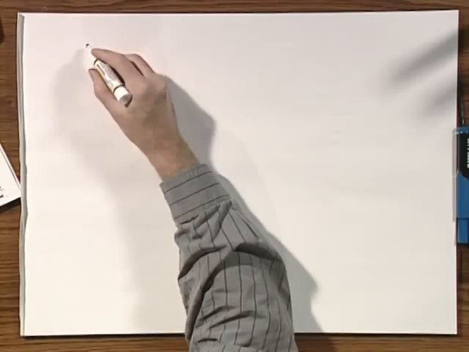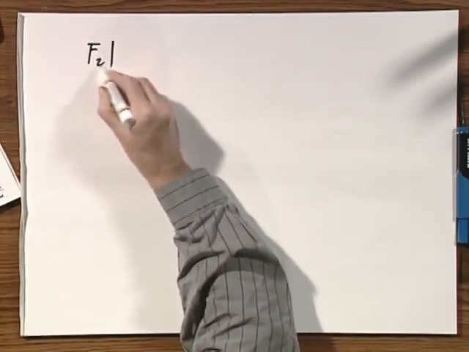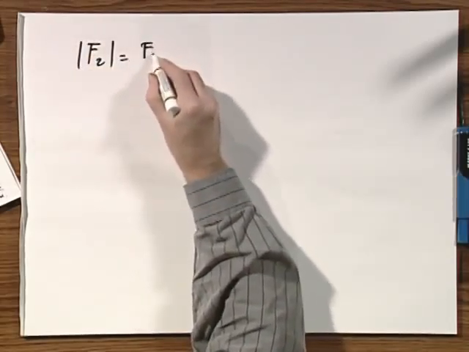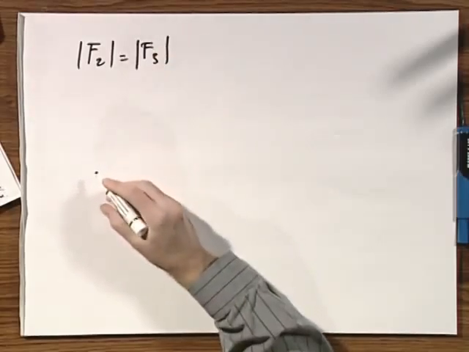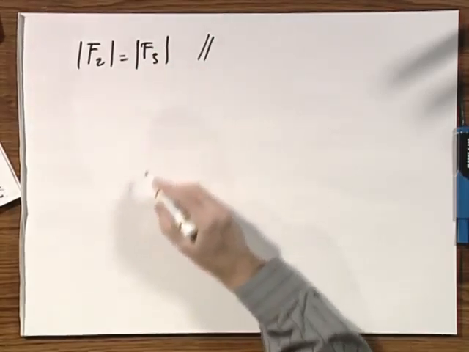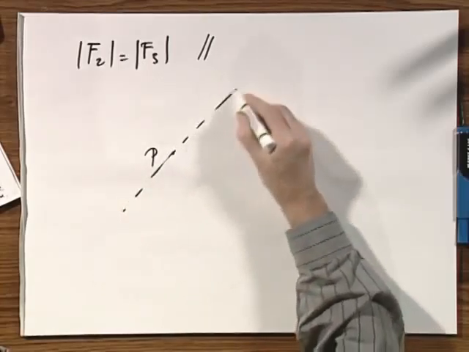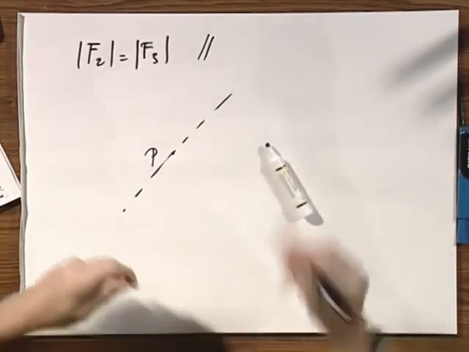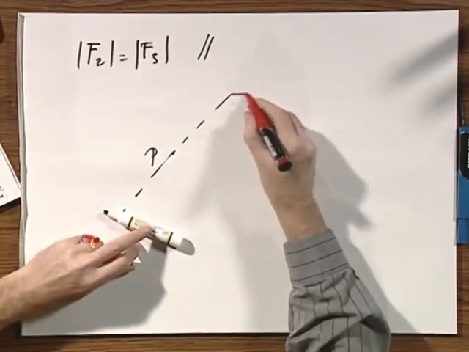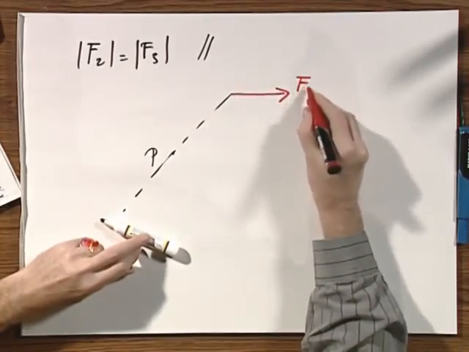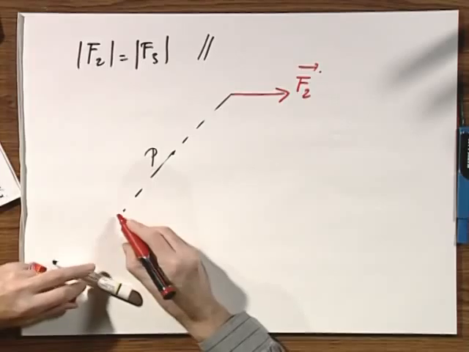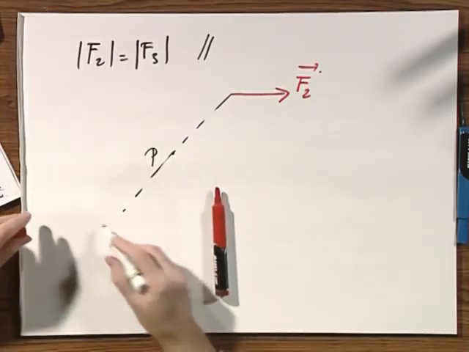Now I want to address some special cases. Let us suppose that we have that F2 equals F3 and that they're parallel. So here I have a point P and here I have a force F2 and here I have a force F3.